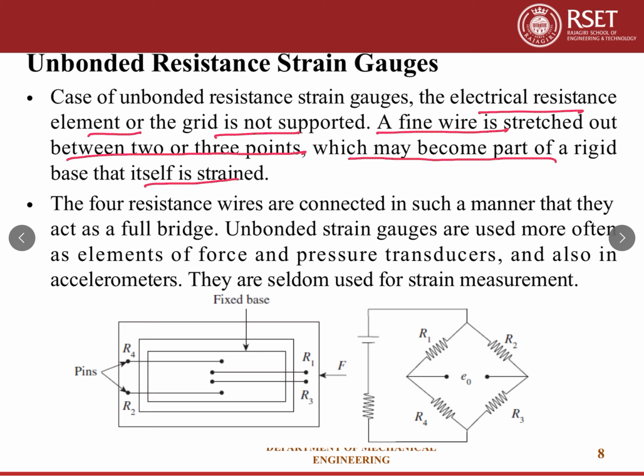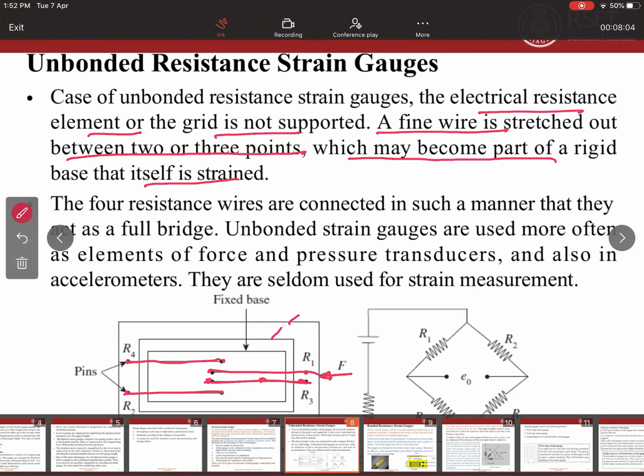So here we can see a rigid base. Then we can see 3 wires or grids stretched between 2 or 3 points on the rigid base, and the force is acting on this rigid base.